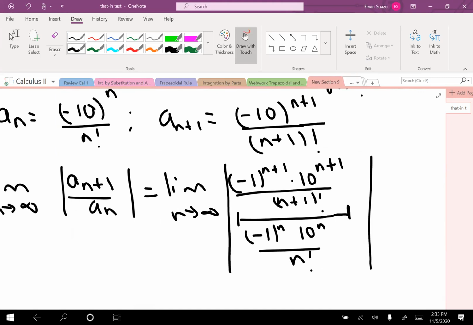So that's great because the minus 1 is going to cancel on the top and the bottom.